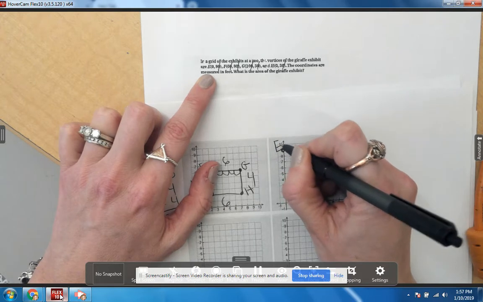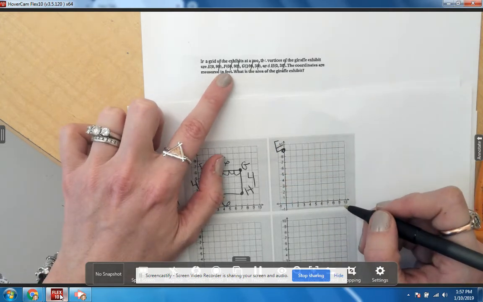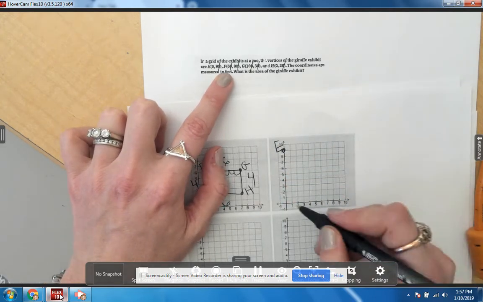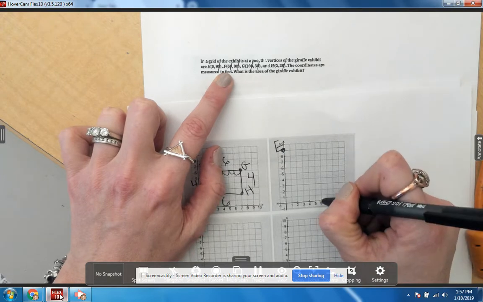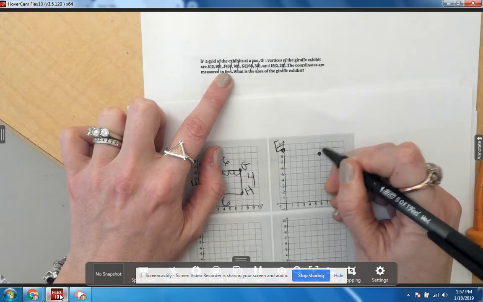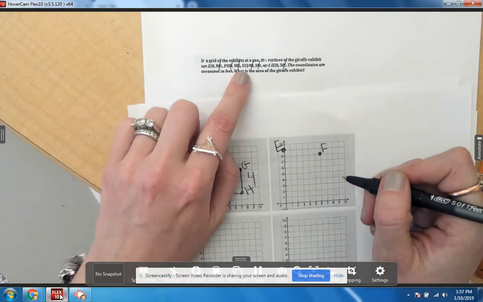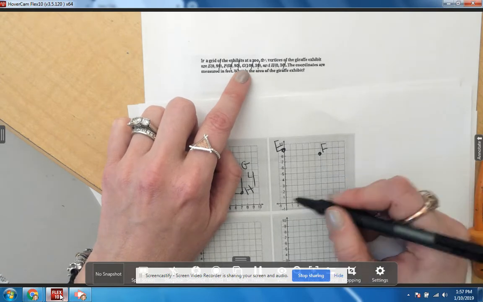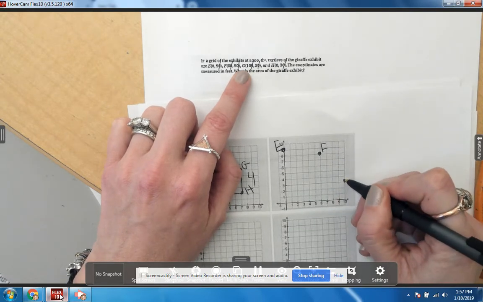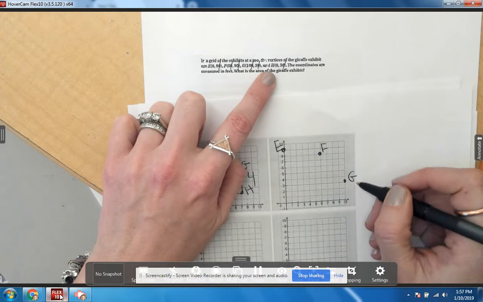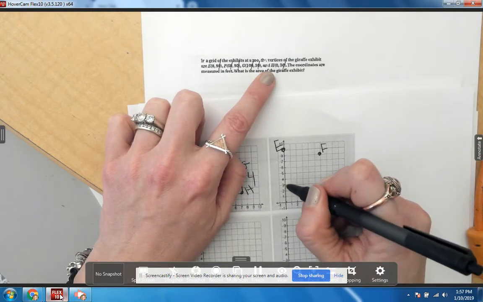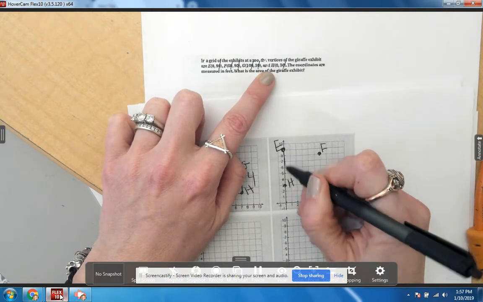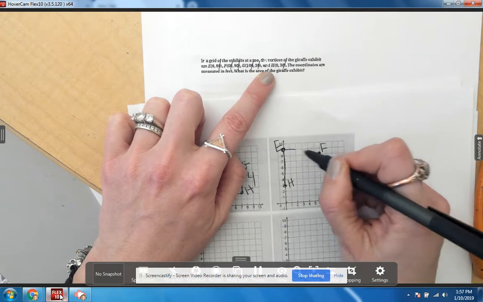Call it E. Okay, F is 60, 90. We'll just make it 6 and 9. So over 6, up 9, put a dot. That's F. G, I took off a 0, so let's pretend it's 10 and 3. So over 10, up 3, put a dot. H is 0, 3. So 0, up 3, put a dot. We're going to connect the dots.